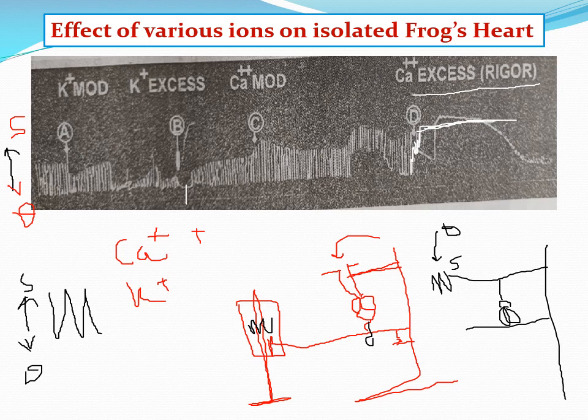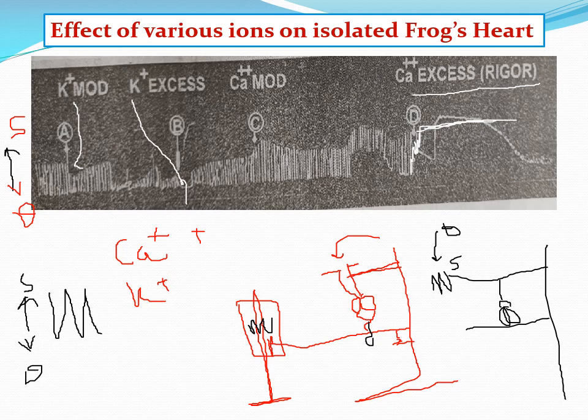Okay, so in this way, students, the graph is recorded. Again, try to understand: effect of moderate potassium, there is a decrease in heart rate and height of contraction. Effect of excess potassium, the heart stops in diastole because it's an inhibition of the heart.